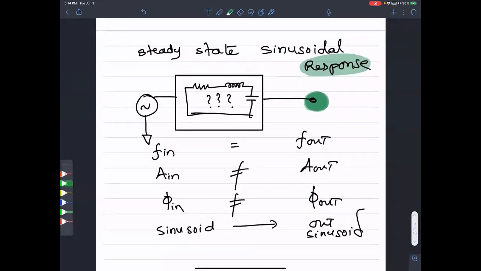So don't get thrown off by the nomenclature, response. It simply means the characteristics of the output. Everybody with me so far? Does this sound familiar from your engineering 17? Questions, comments, concerns?